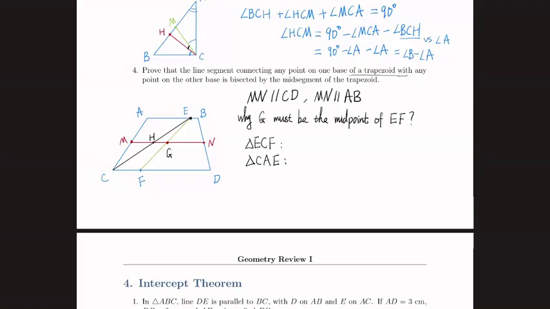Okay, this triangle. What do we know about this point, M? M is the midpoint of AC. Okay, so M is the midpoint. Let me rewrite. So we start with the triangle. If M is the midpoint of AC, then N is the midpoint of BD.